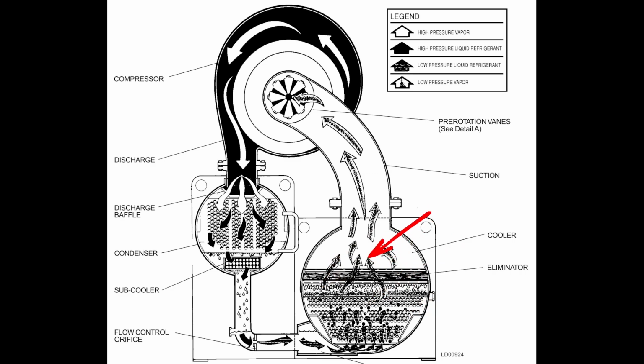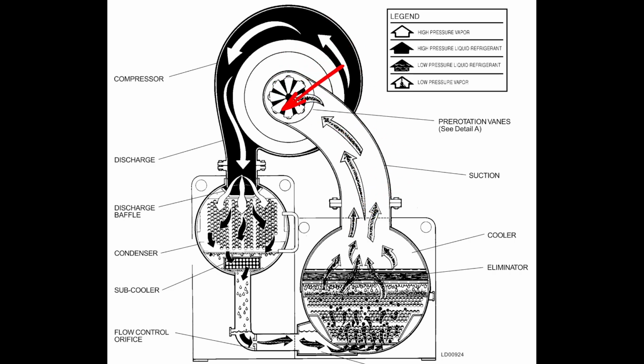Now we also have an eliminator that helps even out the refrigerant pool across the whole evaporator, but it also helps prevent or eliminate droplets as the refrigerant is boiling off. Those droplets of liquid refrigerant will hit this eliminator, or this mesh screen is what it is, and allow those to stop and get vaporized before they get to move up into the compressor.